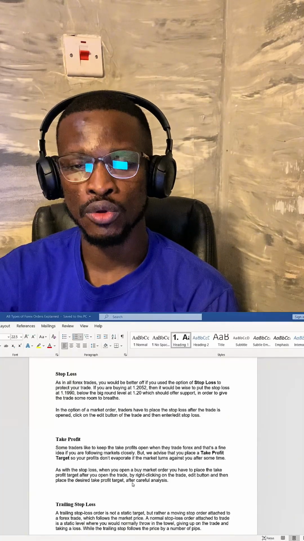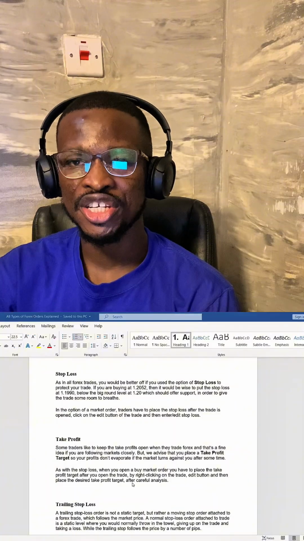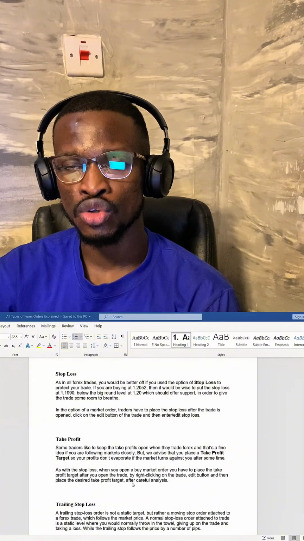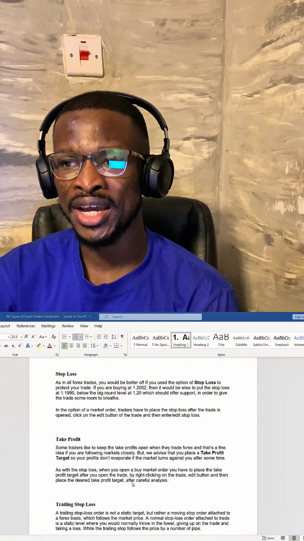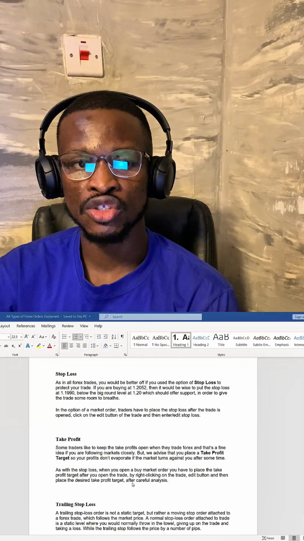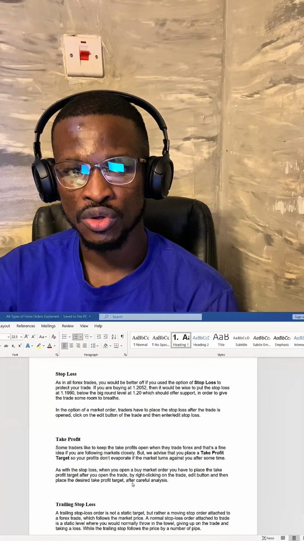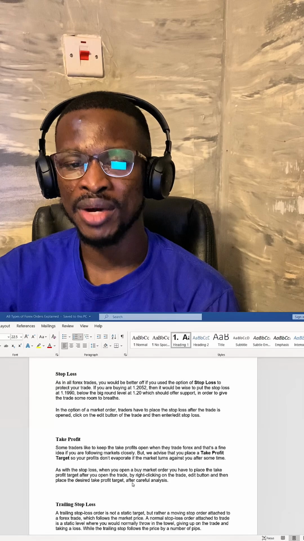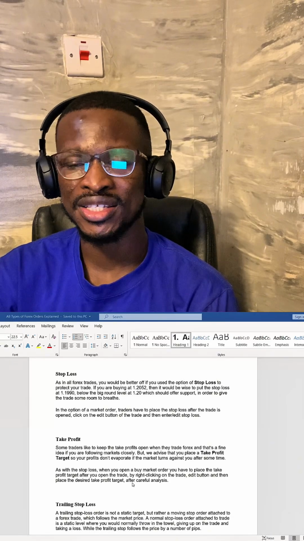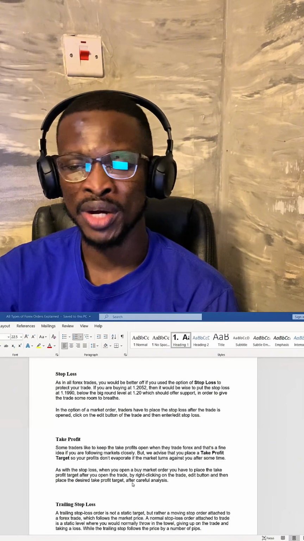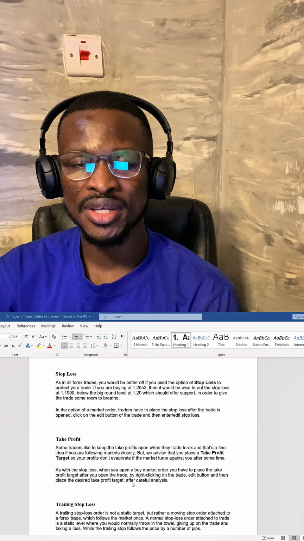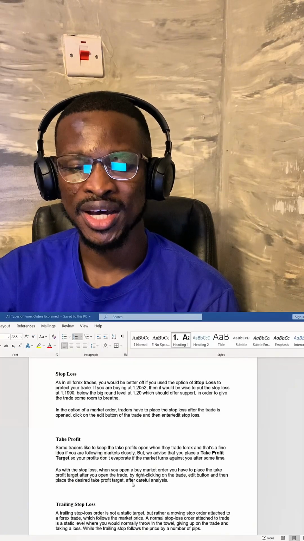That was where your stop loss was. So you are now changing your stop loss from 1.1998 to 1.2052. You're automatically telling the market that even if the market decides to reverse and come back to my entry point, it then means the market will break me at what?